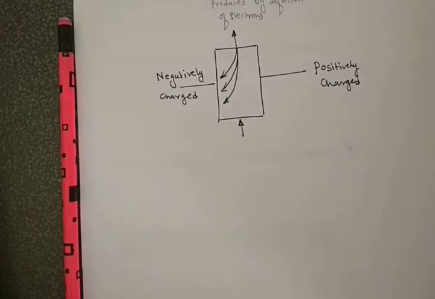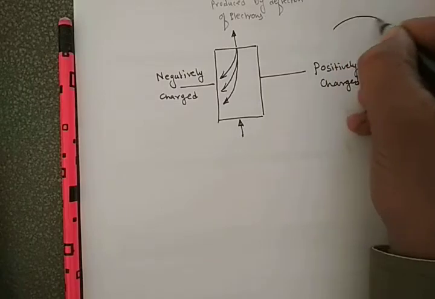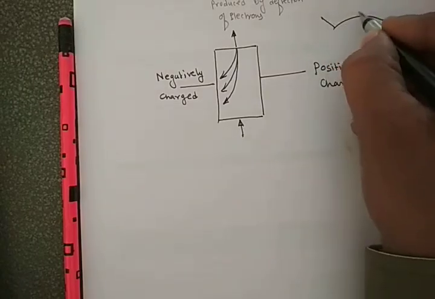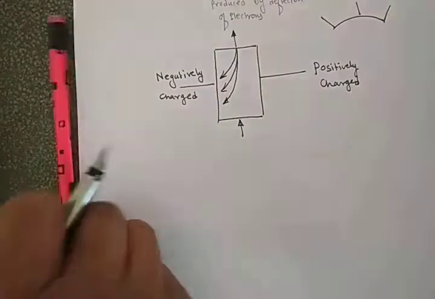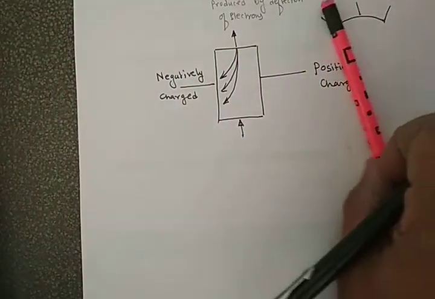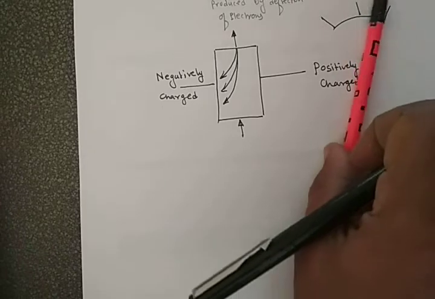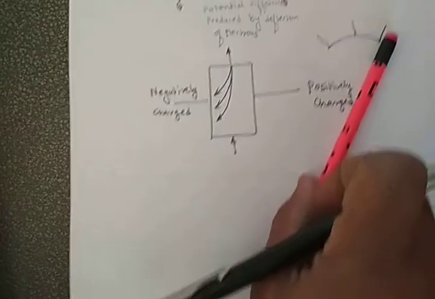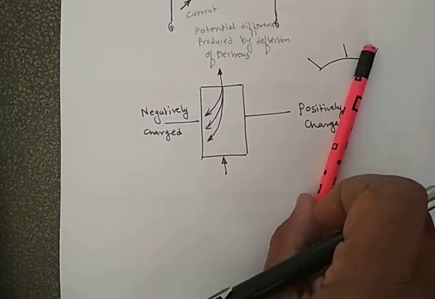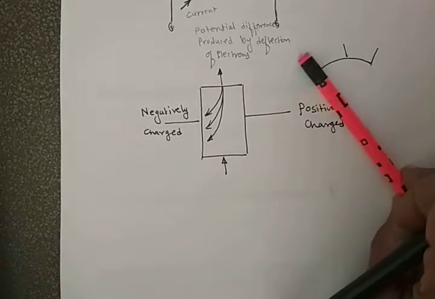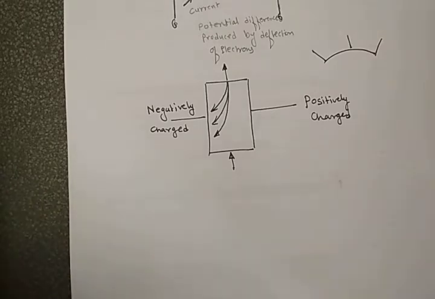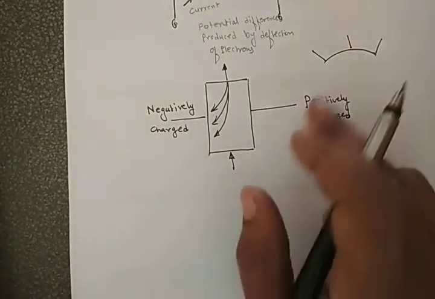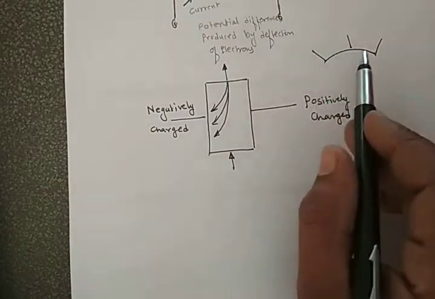If your tank is very full, the arrow will be at this side. If it is very low, then it will be at this side. And how does that arrow understand that your tank is full or empty?